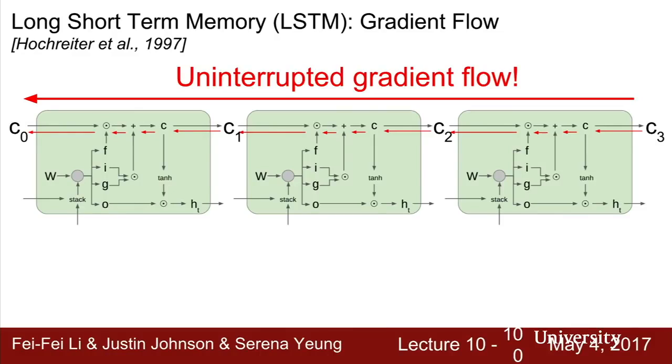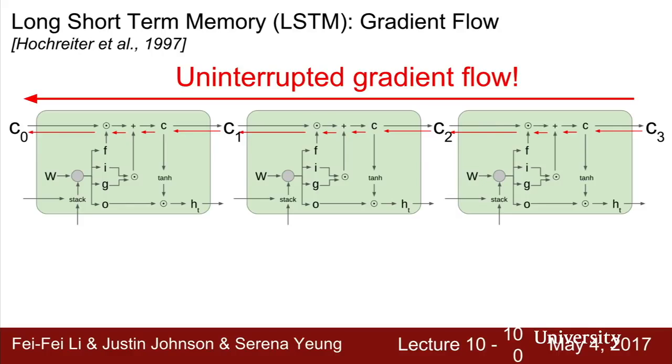Question: what about the gradient with respect to W? Because that's ultimately the thing that we care about. So the gradient with respect to W will come through, right? At every time step, we'll take our current cell state as well as our current hidden state, and that will give us our local gradient on W for that time step.